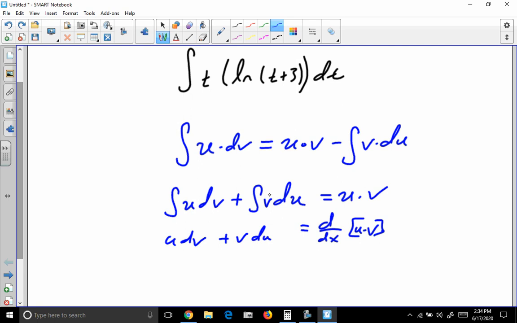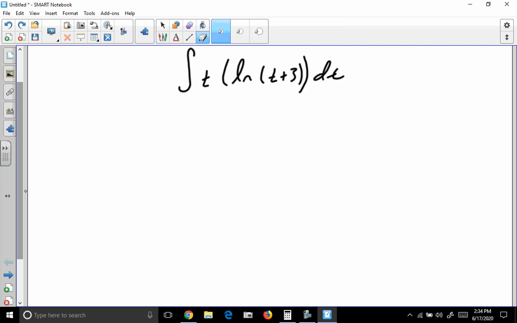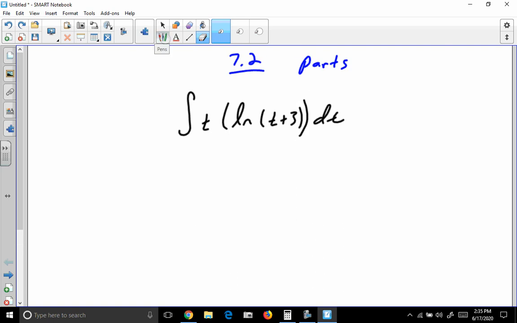If we take the derivative of this side, the integrals cancel. Take the derivative of that side, that's what that means. So this integration by parts comes directly from the product rule. And it's just a rearrangement. So it becomes very useful when we have things that by themselves we're not able to integrate directly.